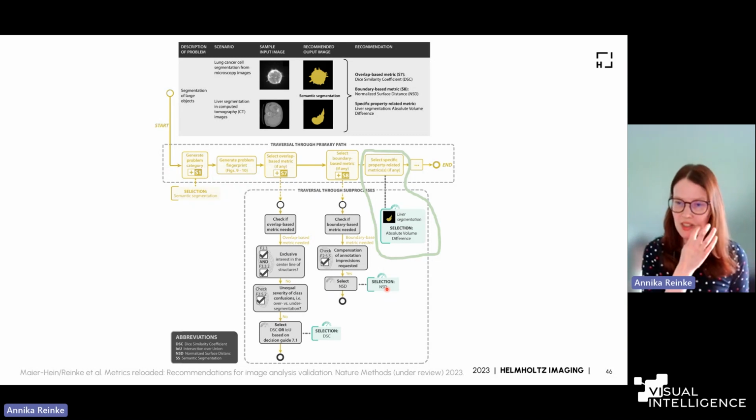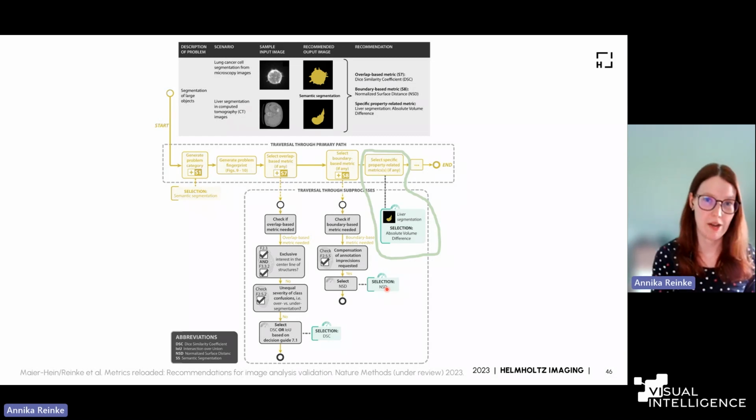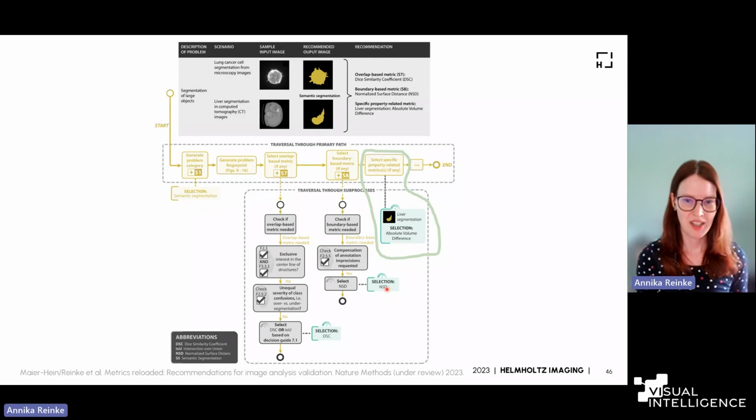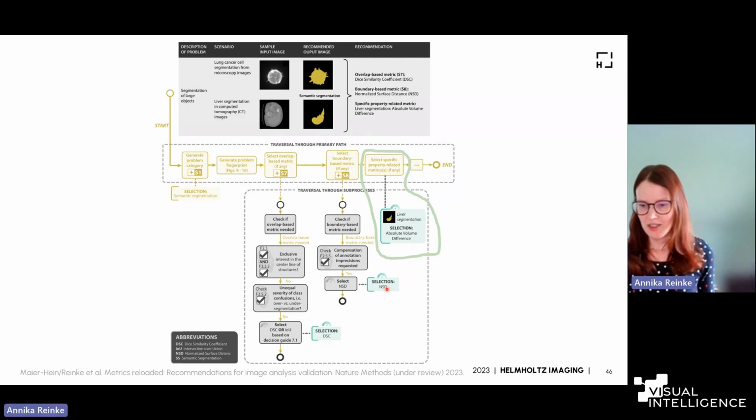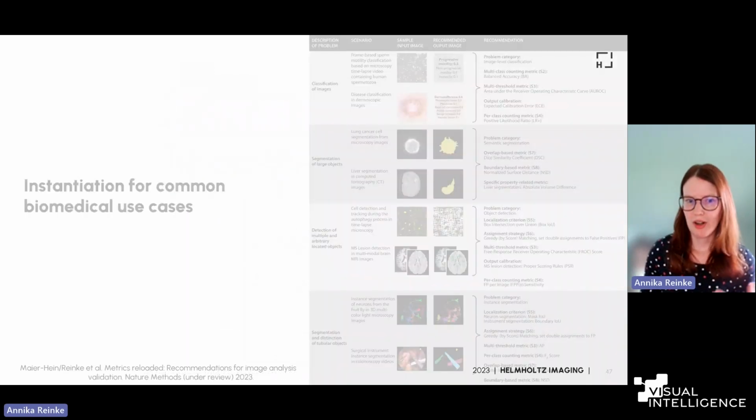Lots of them are very specific, and this is why we included the step here. For example, clinicians are often only interested in the volume of a liver segmentation. They're not interested in technical measures, and this is why we here included also the absolute volume difference as a metric.